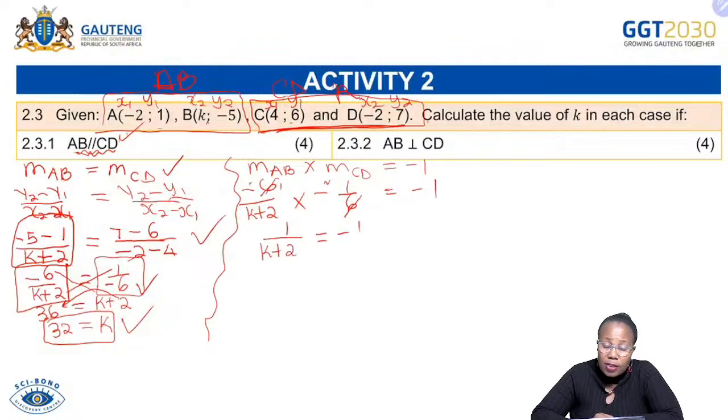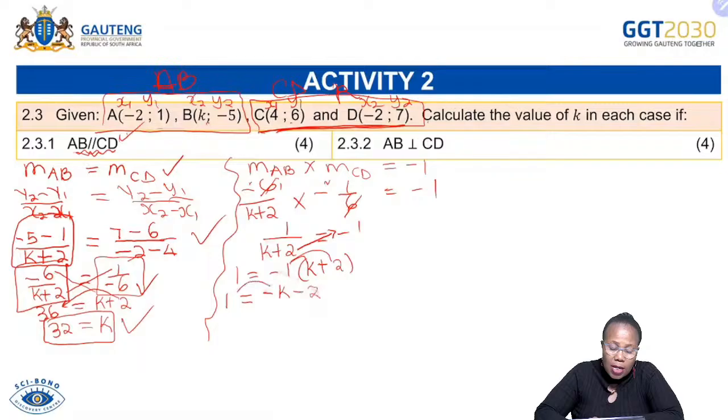Equals -1. And then now we have 1 is equal to -1 times k plus 2. We are crossing this k plus 2 to that side. It will be cross multiplication, -1 times k plus 2. So this is 1. Remove the bracket. That will be -k and -2.